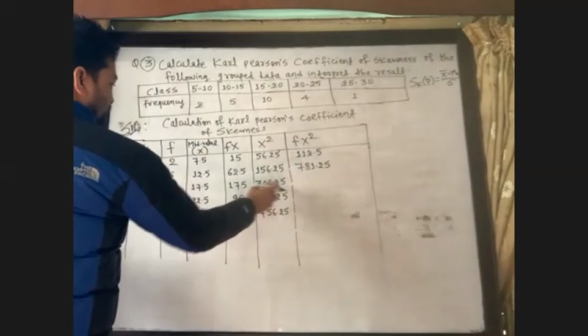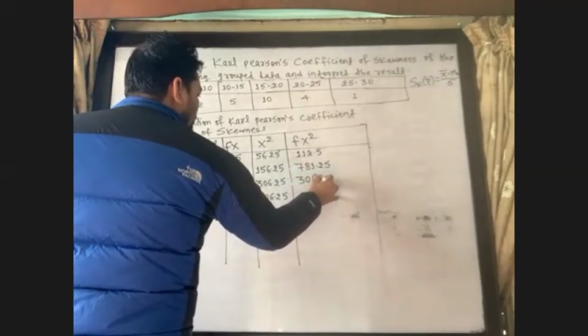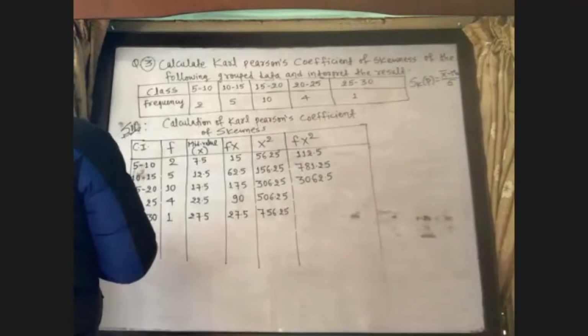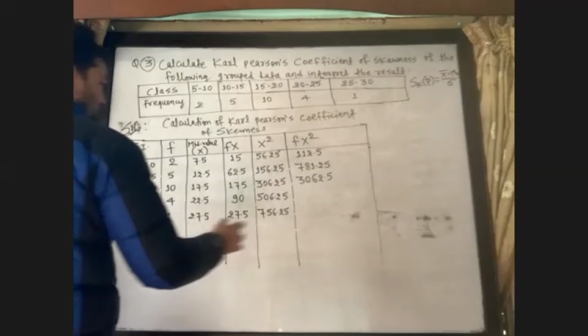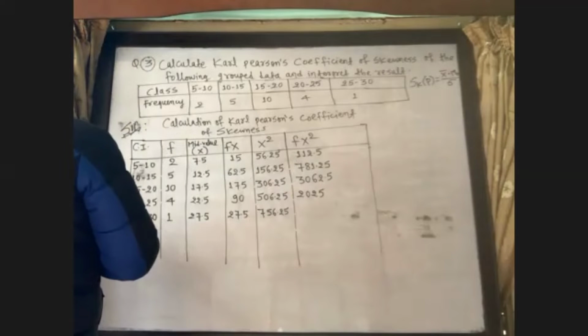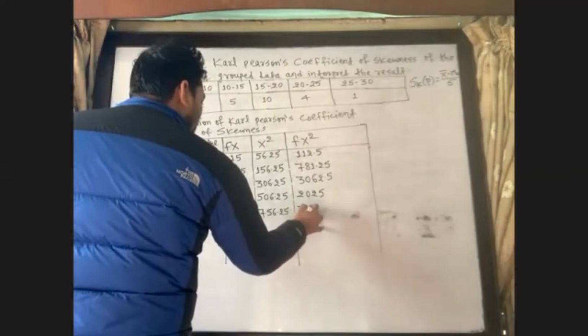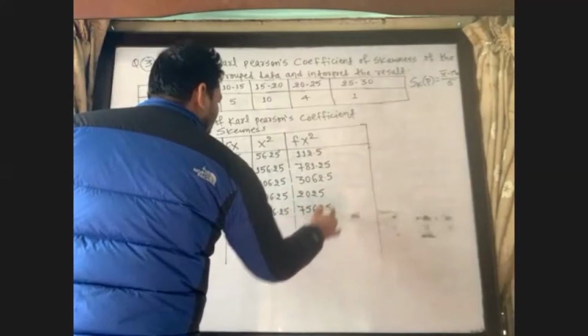Then 306.25 into 10, here also 3062.5. 10 ले multiply गर्ने हो. Then 506.25 into 4, we get 2025. And 756.25 into 1 is 756.25.